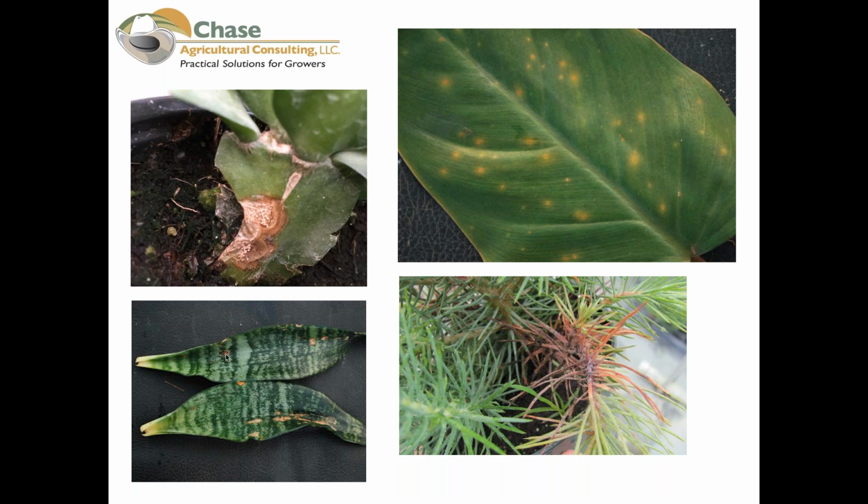They're relatively unusual for what Fusarium can do. If we go to the upper right-hand corner, these little speckles all through here on this philodendron are also Fusarium leaf spot. And finally, in conifers, pitch canker on pine can be a devastating disease, another aerial or foliar disease.